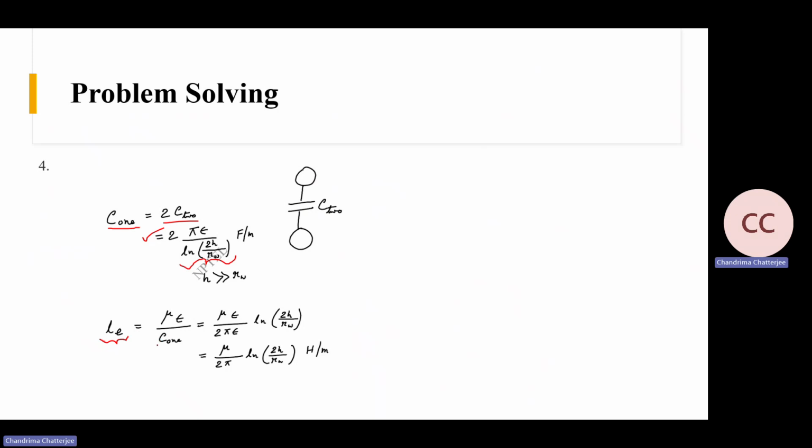So we can easily find out what is L. So how does this C come? This electric field E is basically equal to Q by 2 pi R. And what is V? V is integral E dot dl, that we know.